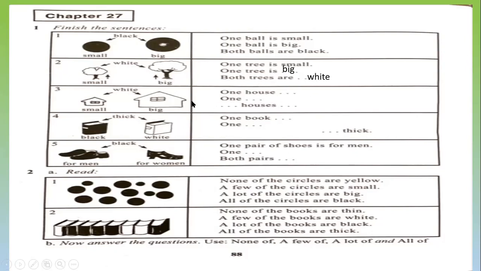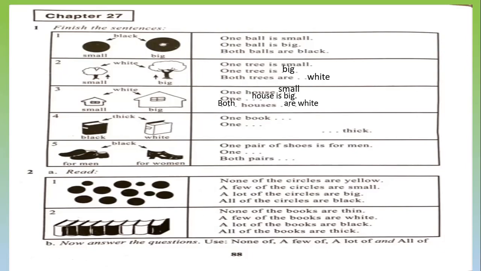One house is small. Here comes is, and one house is big. What comes here? Like this one, both houses are white.